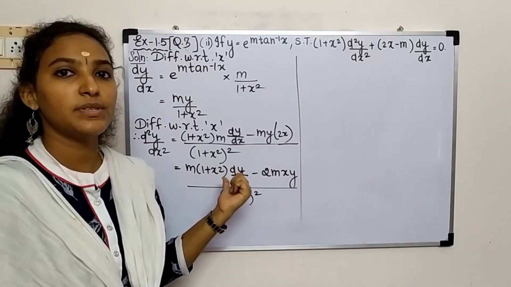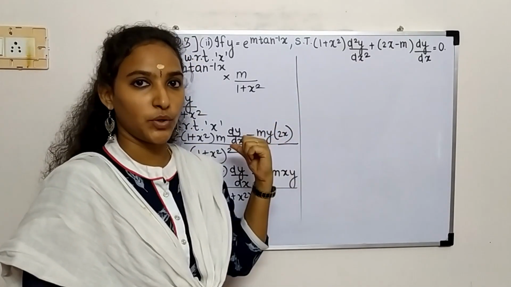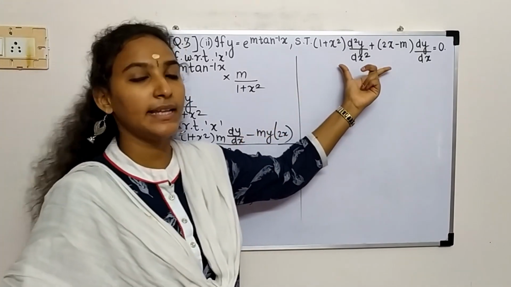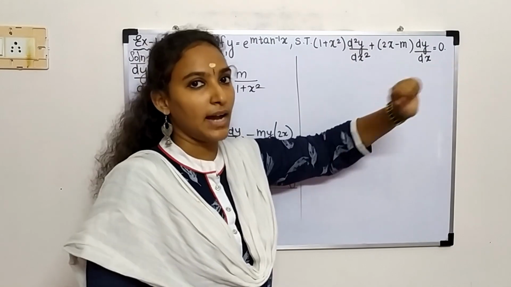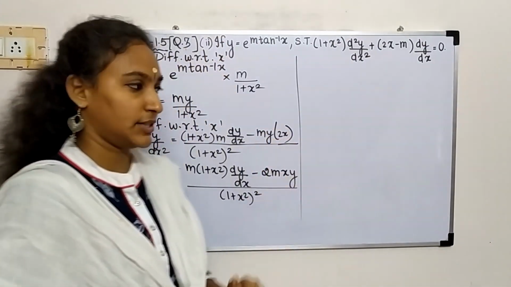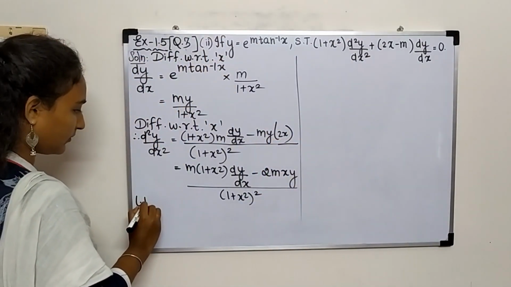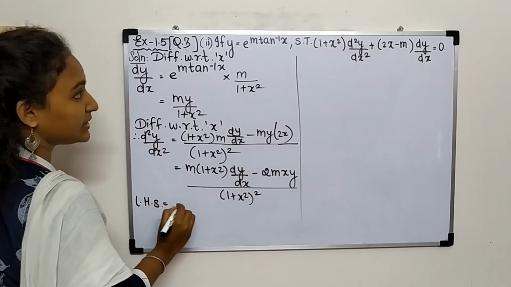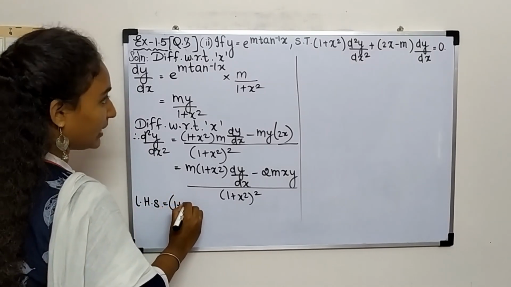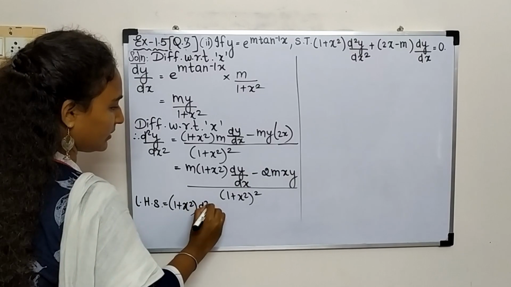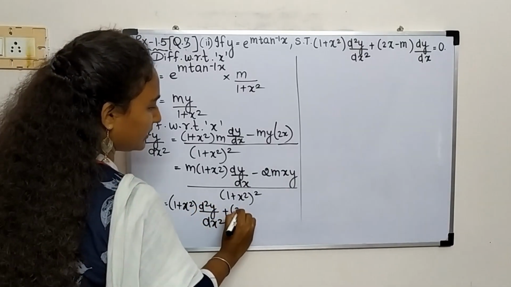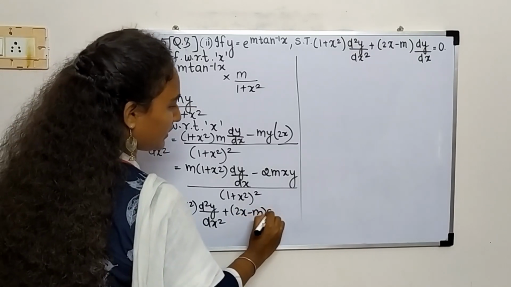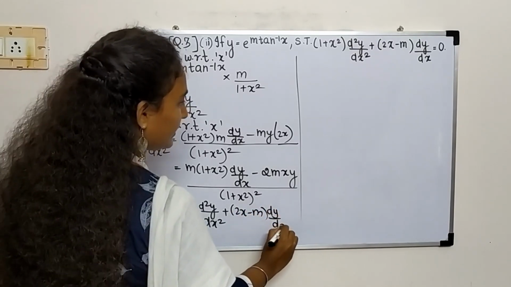So we are going to use our LHS to prove this problem. When we consider LHS, it will result with 0, that is our RHS. So let us start with our LHS. So our LHS is 1 plus x square d square y upon dx square plus 2x minus m dy by dx.